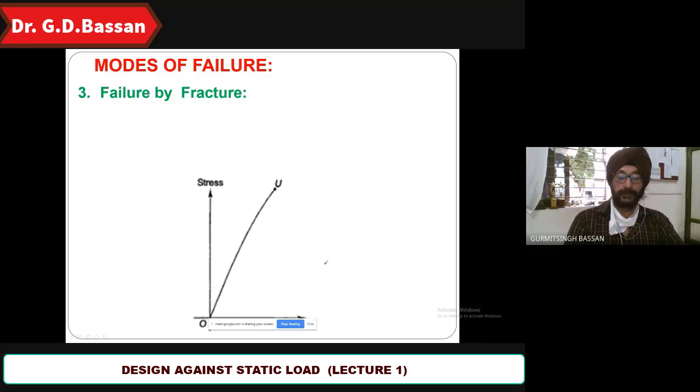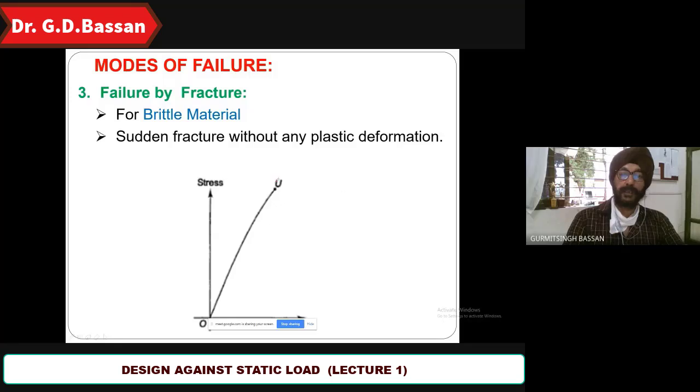Sudden fracture: normally it is working this way, and at one stage suddenly the fracture takes place, without any plastic deformation or without giving you any information whether it is breaking or not. So the failure is sudden and total. These are the three modes of failure.